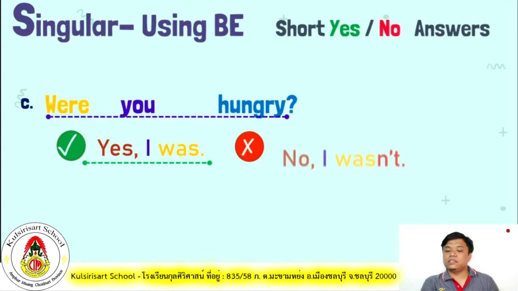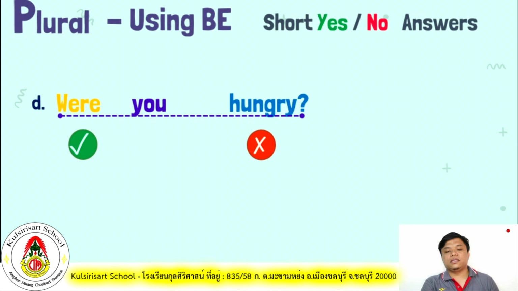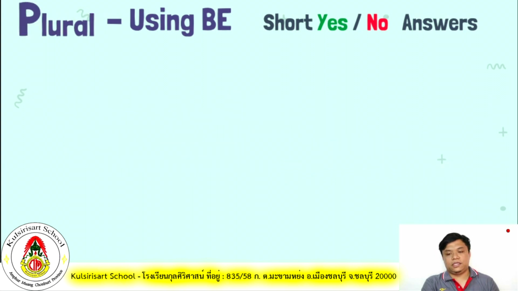Yes, I was, and no, I wasn't. But for plural, for example, you have a friend. Were you hungry, you and your friend, yesterday? Yes, we were, and for negative, no, we weren't.